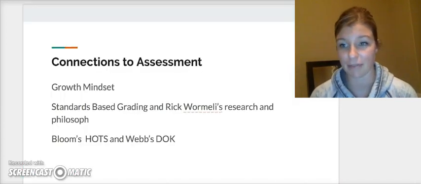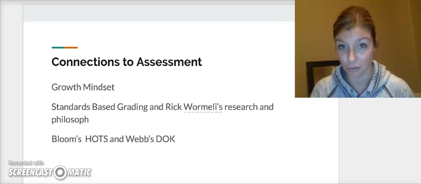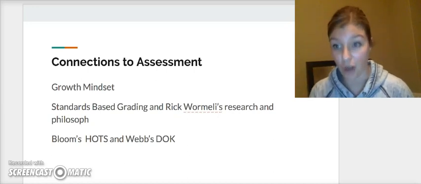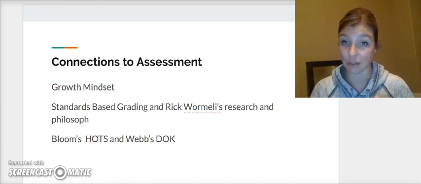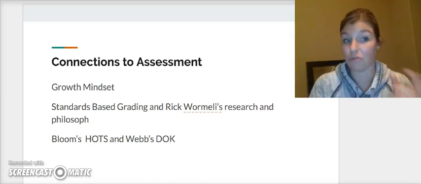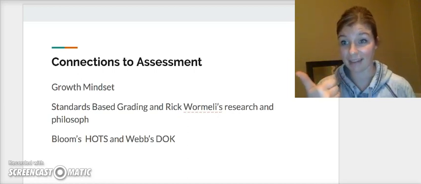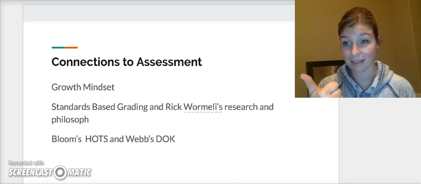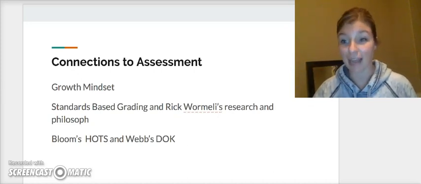Okay, last piece for assessment. Which assessment is collecting evidence of what your students can and cannot do or don't know. So it might be twofold. It might be skills, so what they can and cannot do. Might be knowledge. What do they know? What do they not know? But I want you to think about growth mindset is a connection that we've had to assessments. So this whole idea that everyone can learn.